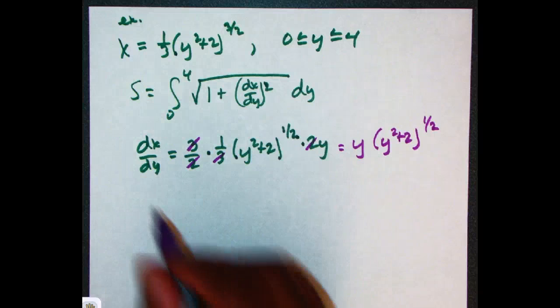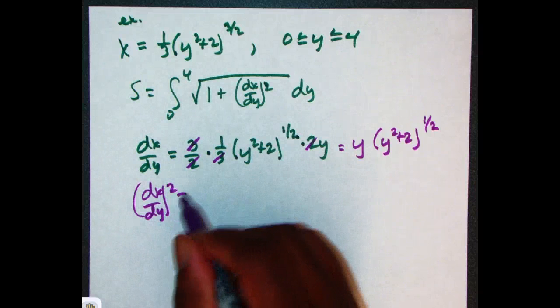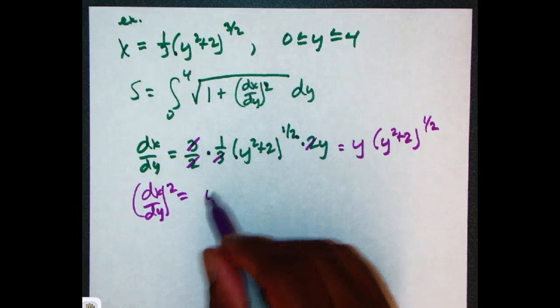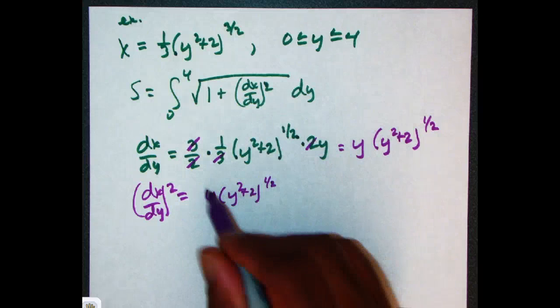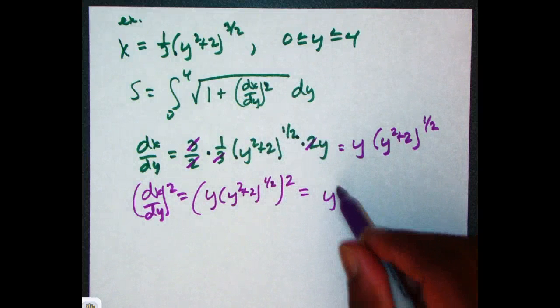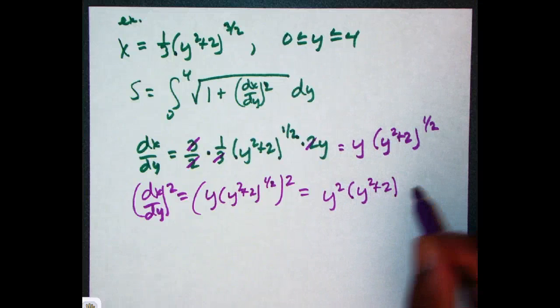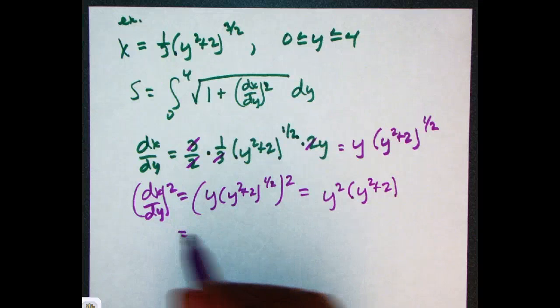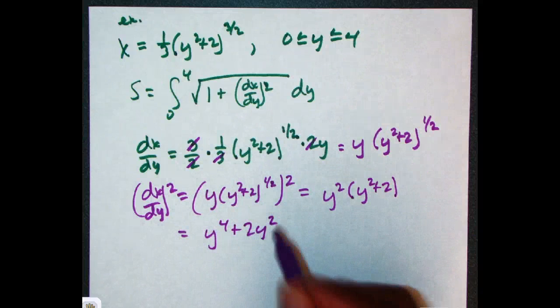Now if we square dx dy, then that's y times y squared plus 2 to the 1/2 squared, and that's going to give us y squared times y squared plus 2, or y to the 4th plus 2y squared.